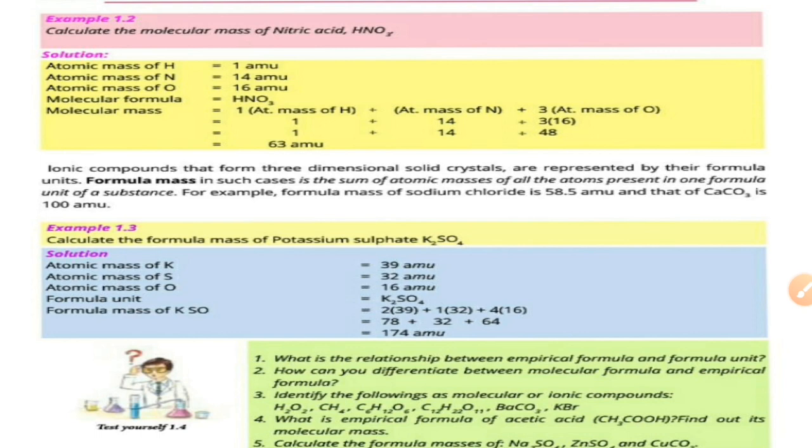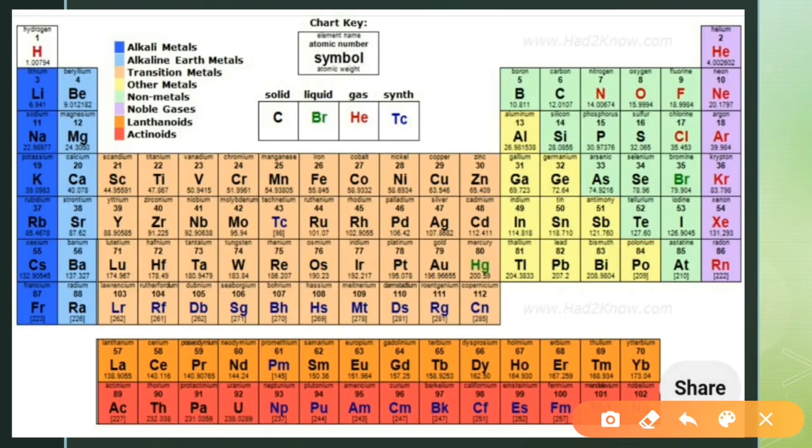Let's do more practice. Calculate the molecular mass of nitric acid, HNO3. First of all, locate hydrogen in the periodic table, then nitrogen, and lastly oxygen. By locating, you will get the atomic mass of hydrogen 1, nitrogen 14, and oxygen 16, because you rounded off 15.9 to 16.